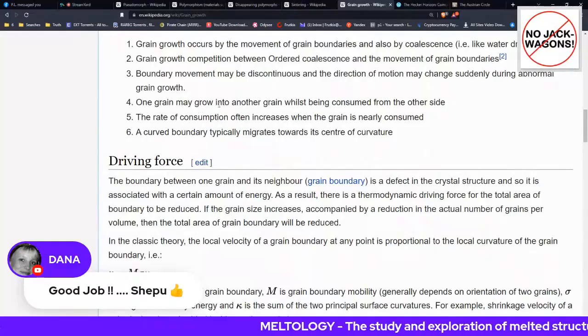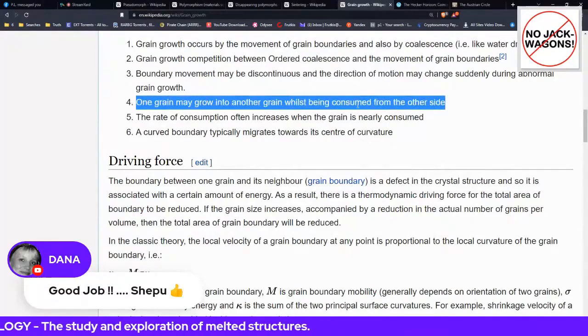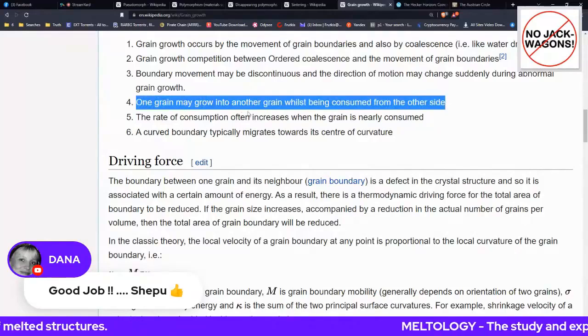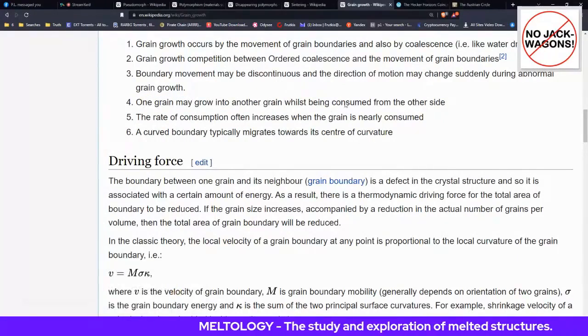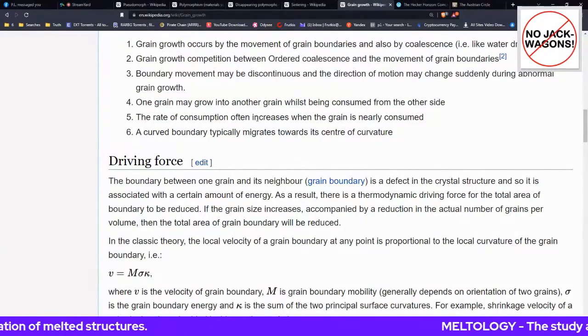And one grain may grow into another grain while being consumed from the other side. We see that a lot in these bricks becoming stone, because you can see one part of it going into the stone while the other part is still a brick. And the rate of consumption often increases when the grain is nearly consumed.